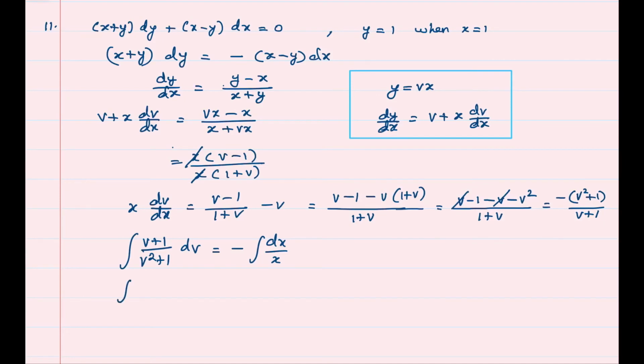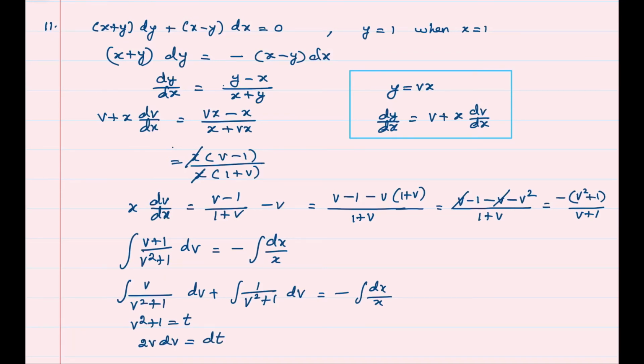Directly we will separate this into two functions, v divided by v square plus 1 and 1 divided by v square plus 1. And the first integral can be done by substituting v square plus 1 as t. Differentiating both sides, 2v dv is dt.